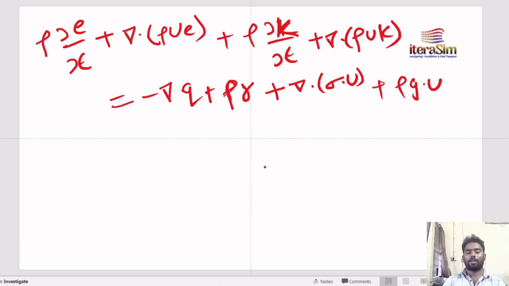So these are completely in terms of the local derivative and the temporal derivative.